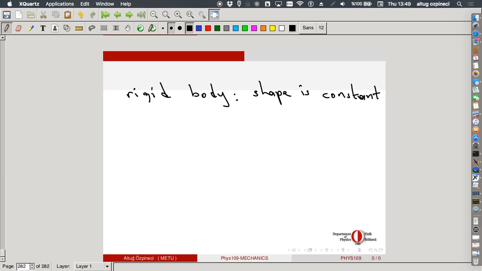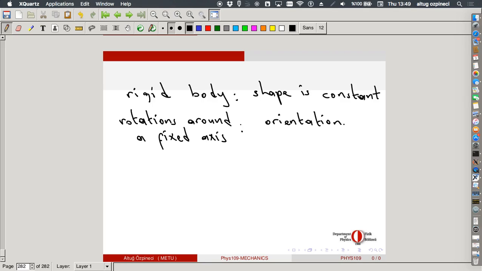And we will be studying only rotations around a fixed axis, in which, most of the time, the axis is fixed, or at least its orientation is constant. Let's say almost constant.